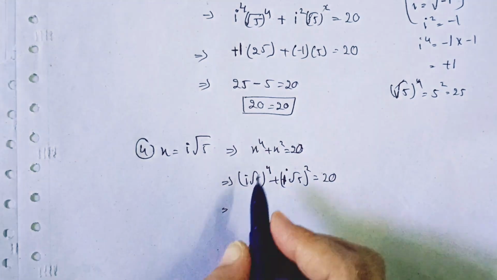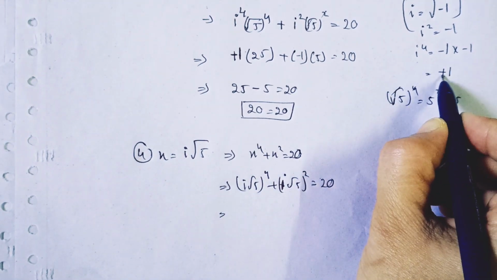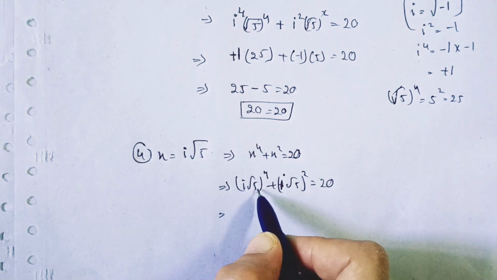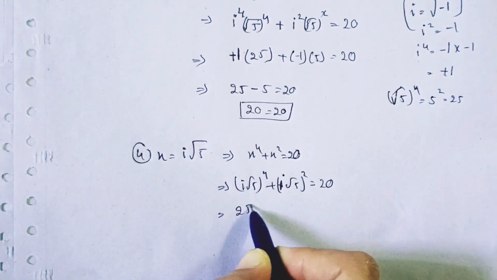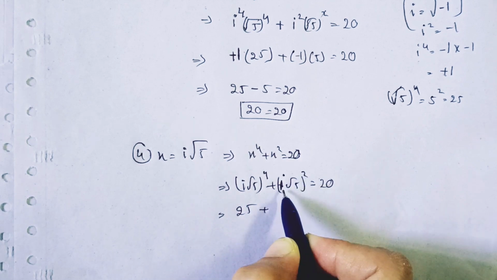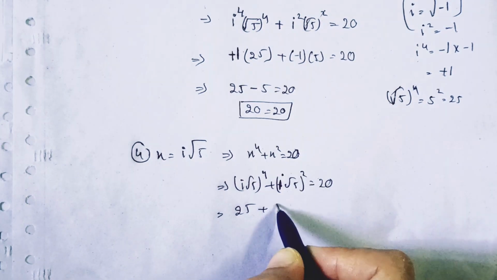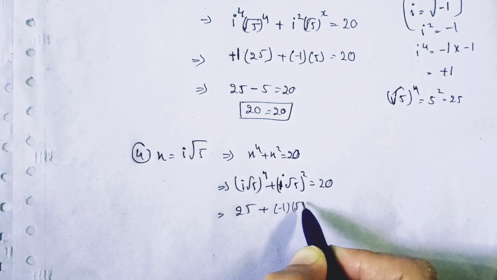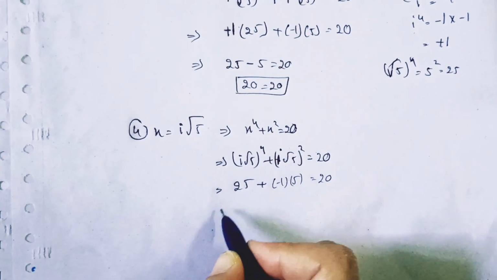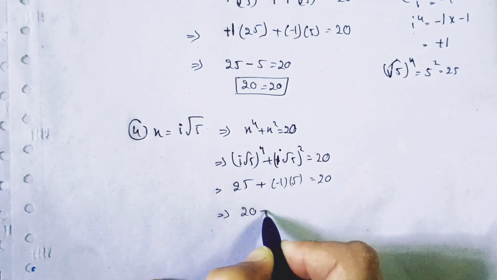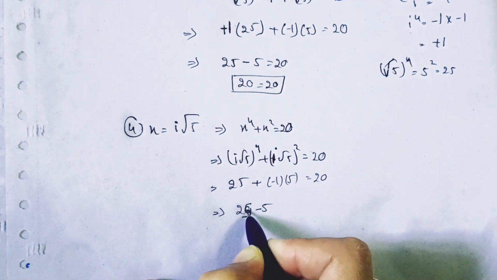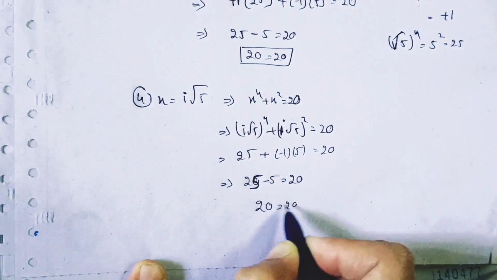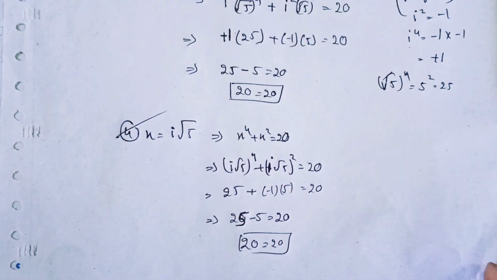Here i to the power 4 is positive, so 1 into 25, since root and square get cancelled, plus i squared means minus 1, and the square and square root get cancelled, so the value will be 5. That implies 25 minus 5 equal to 20. Therefore 20 equal to 20. So this is also satisfied.